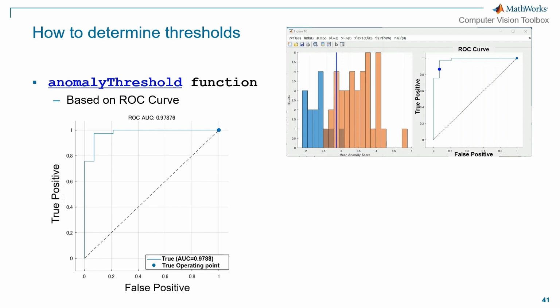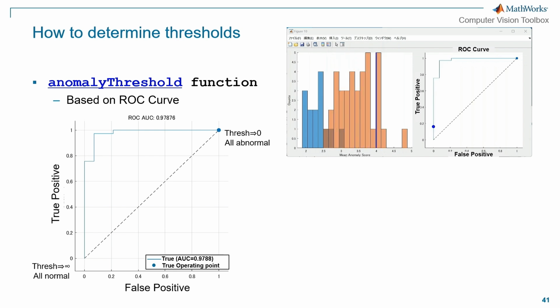It finds the optimal anomaly threshold from the receiver operating characteristic curve, as you can see on the right side. So what is the ROC, the receiver operating characteristic? This plot shows the false positive rate on the horizontal axis and the true positive rate on the vertical axis.